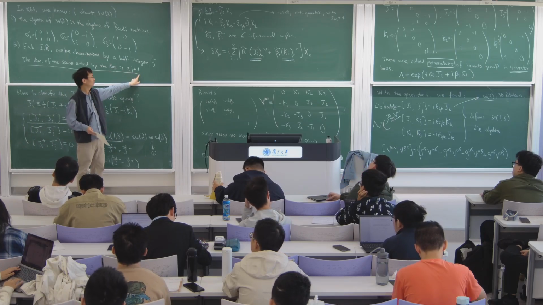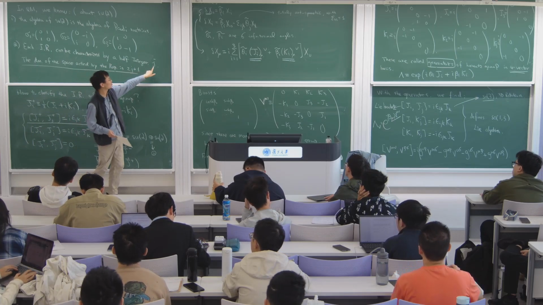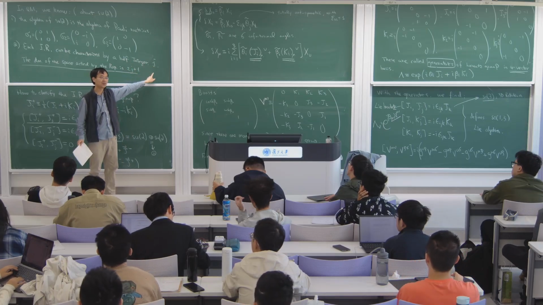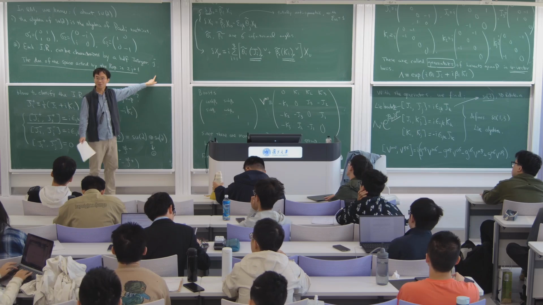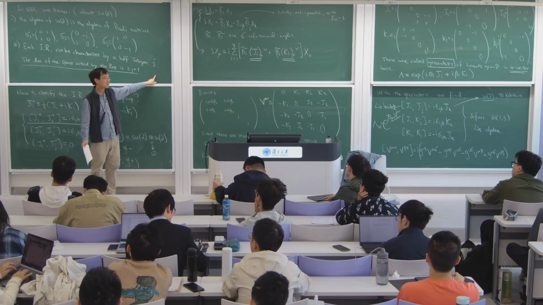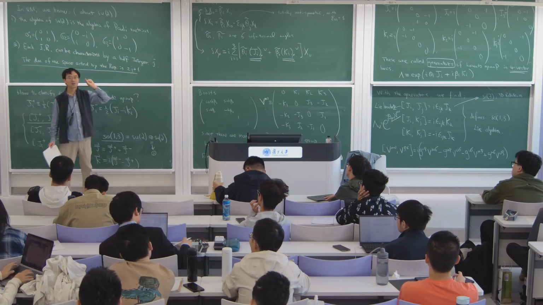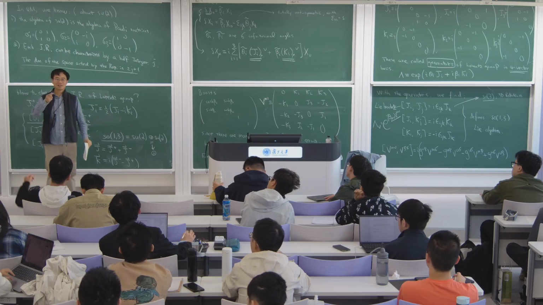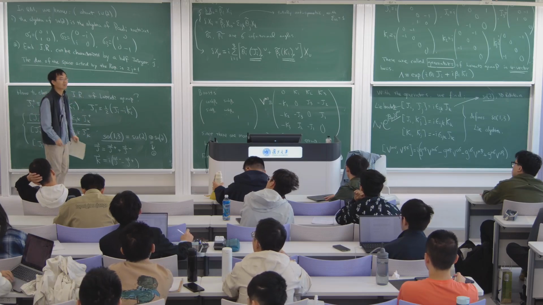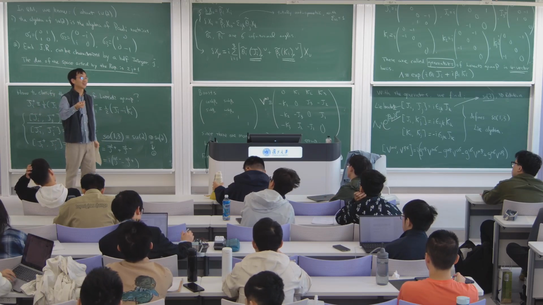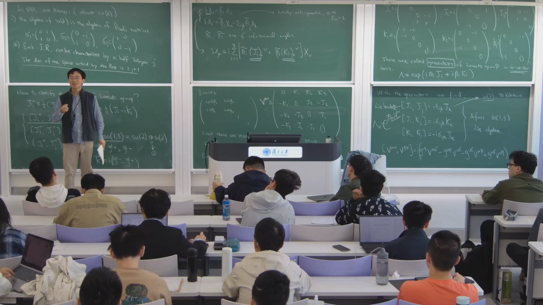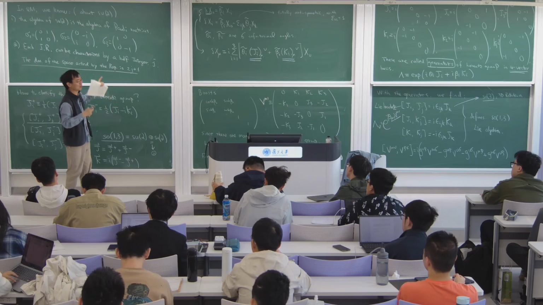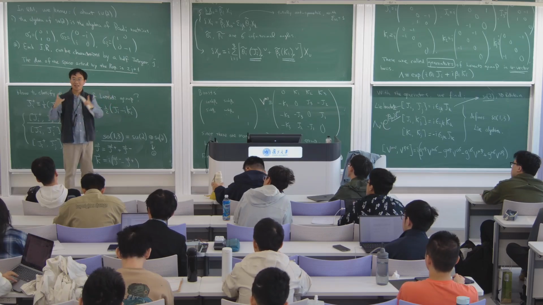Let's check what this means. If I specify a particular representation with j equal to half, for example, this is called a spin-half representation. Then 2j plus 1 equals 2, right? This just means that for the spin-half representation, there are two components for the spinor, and your sigma or Pauli matrices can act on them.